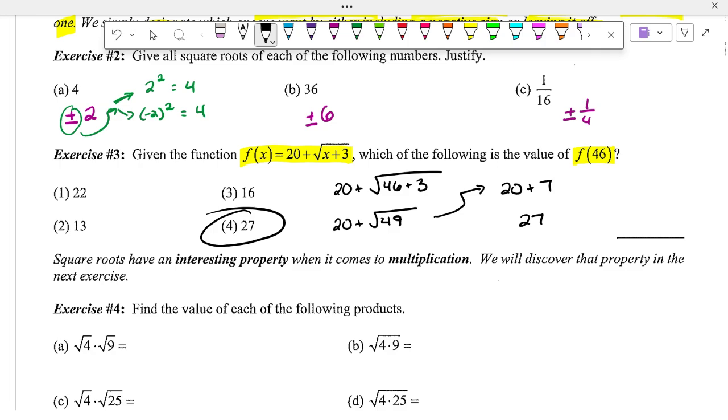So it would be from 0 to 16: 0, 1, 4, 9, 16, 25, 36, 49, 64, 81, 100, 121, 144, 169, 196, no, not 215, 225, 256.